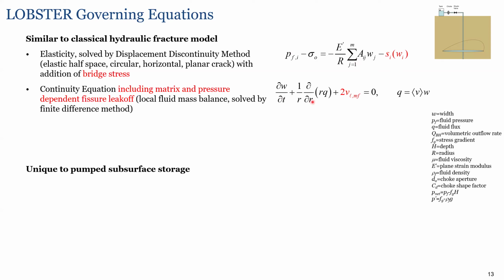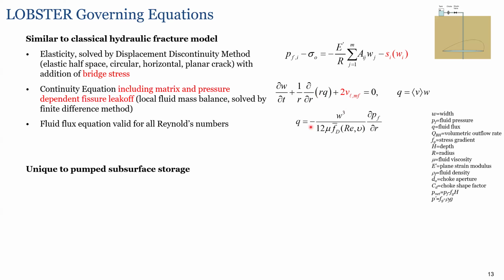There's a continuity equation which says that each little section of the fracture has fluid that can flow in and flow out. This part here is the divergence of the flux Q. So that says the difference between what flows in and what flows out is accommodated by a change in width or fluid loss to the formation. So kind of classical, in this model there's a classical leak off and a pressure dependent leak off. I won't go into details about the leak off today.